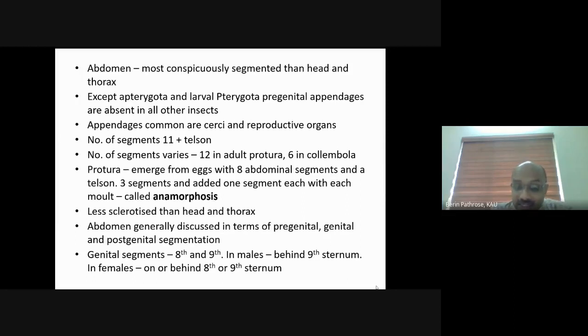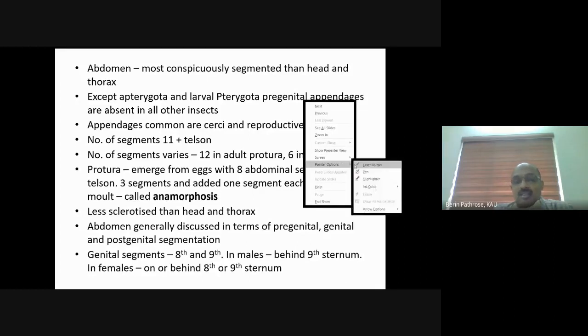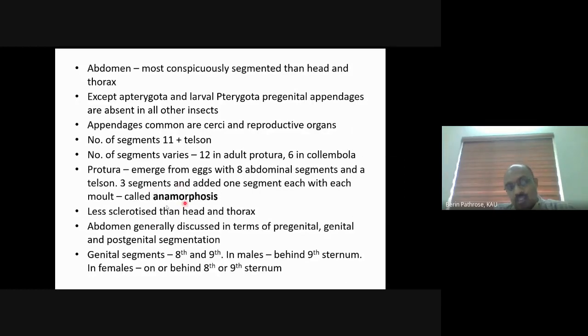This addition of abdominal segments with each molt is called anamorphosis. Remember this term, anamorphosis. It is usually asked in examinations. Protura is the only group having this phenomenon wherein with each molt the number of abdominal segments is added.